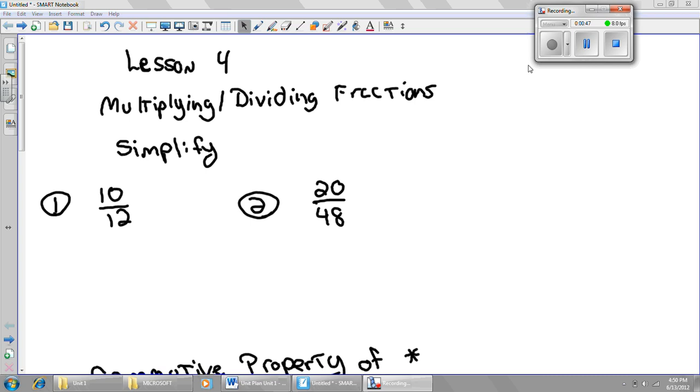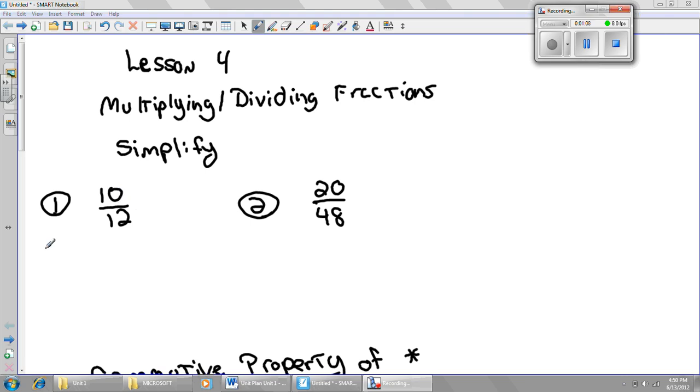All right, before we multiply and divide fractions, I want to make sure you know how to simplify fractions. For example, I want to make sure you know that 10/12 is equal to another, simpler fraction. Not actually a smaller fraction, but a simpler fraction. And the way I'm going to simplify it is I'm going to find the greatest common factor between 10 and 12.